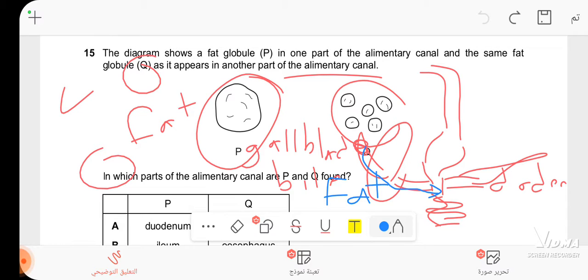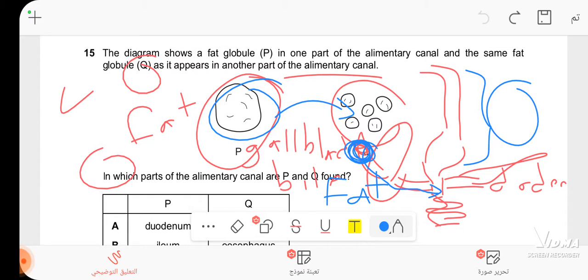It changes large fat molecules to small fat molecules, the bile excreted from the gallbladder and liver. So in all of this area we have large fat molecules, which includes esophagus and stomach. And from duodenum to small intestine, we have small fat molecules, because here there is excretion of bile.